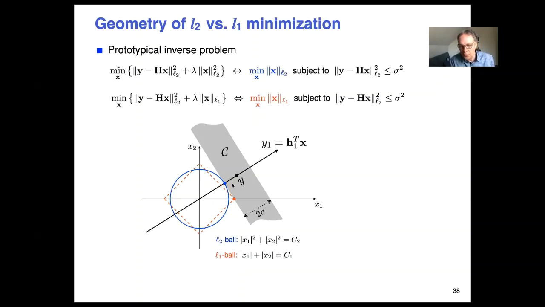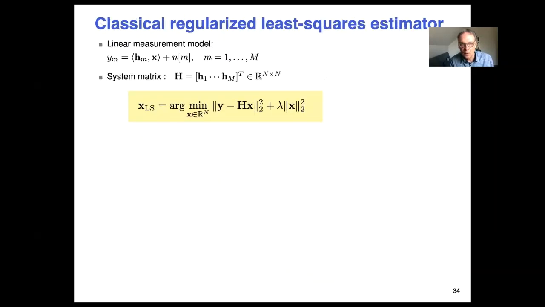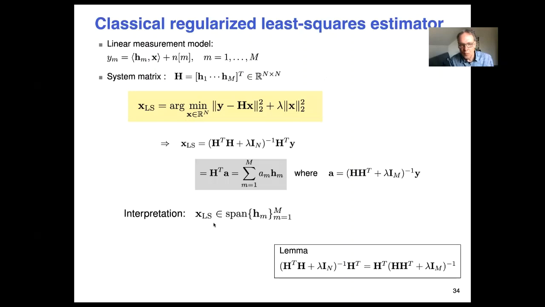And I think this is just geometry. If you blow up the circle, it will intersect at that point, and it's exactly on that straight line. And so it means the solution will be in the space that's spanned by the H. In fact, this is exactly what the theorem was saying here. You are in the space spanned by the H.